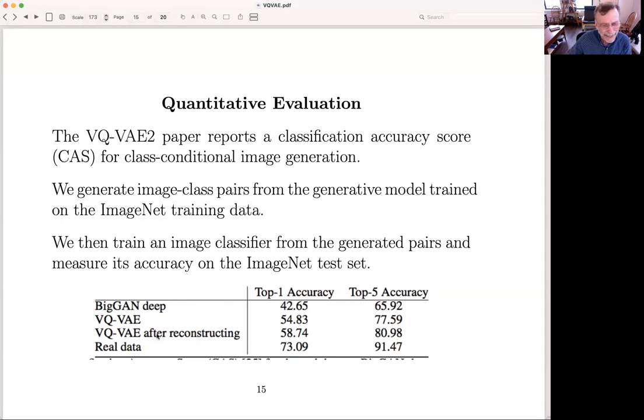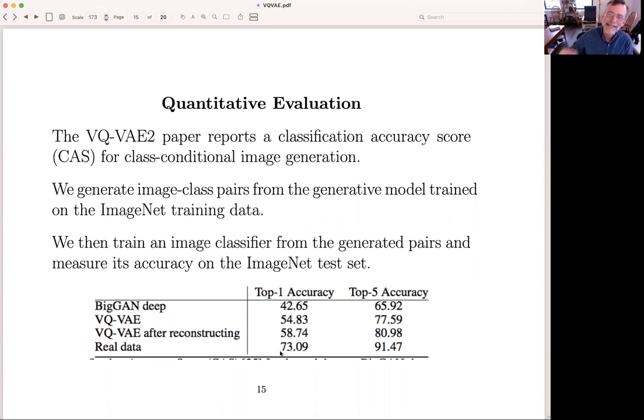Now I believe, though I still haven't looked it up, that reconstructing means you take the images, the fakes, and you make them more real by just changing a few statistics. You make the color balance right, you make the contrast right. So just by reconstructing the image in some trivial way to make it match the statistics of the real data, they get a little bit better score.